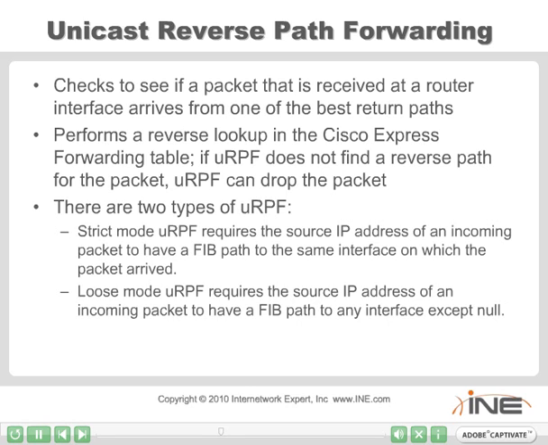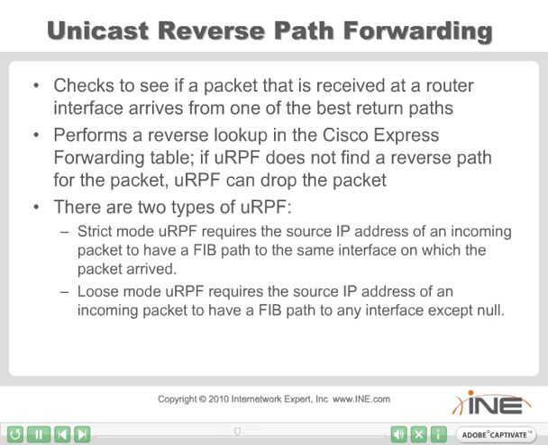With strict mode, the path the router would have to take would be out that same interface, that same connection. With loose mode, we just need a path anywhere out any interface, except for a path that recurses to the null zero interface.